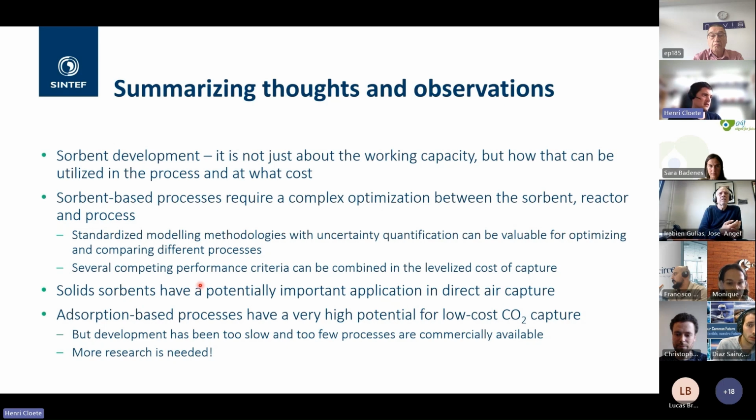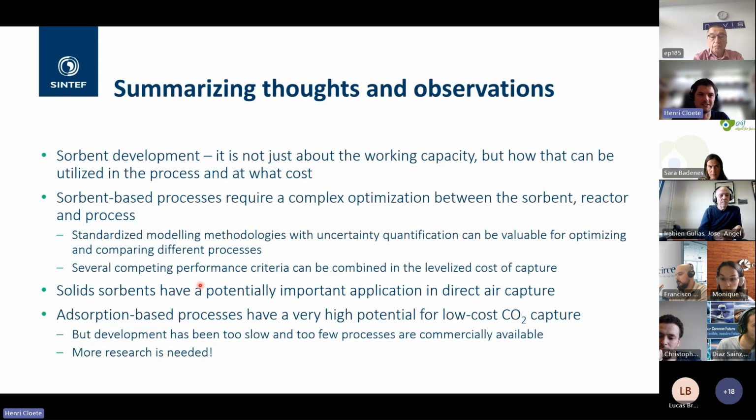Lastly, to conclude, there's definitely a lot of promise in adsorption-based CO2 capture. It has the potential to substantially reduce the cost of CO2 capture compared to solvent-based systems. But unfortunately, development has generally been too slow, and we are now at a stage where there are suddenly CO2 prices in Europe at which a lot of these processes would be economically feasible.